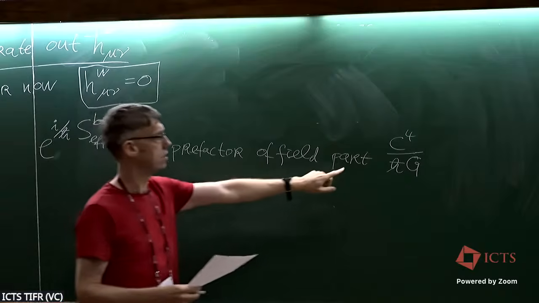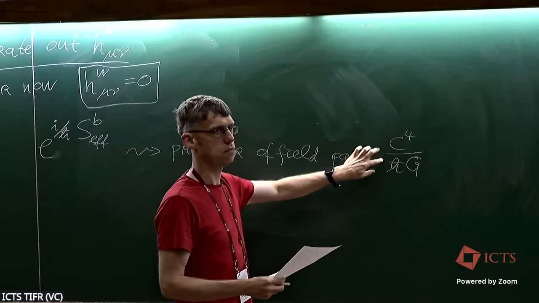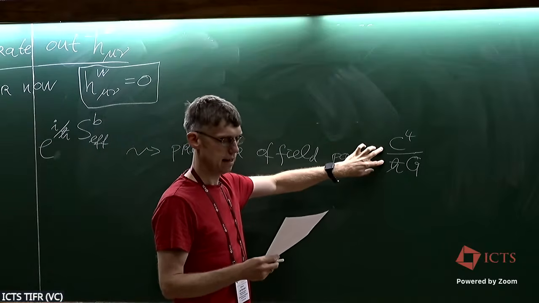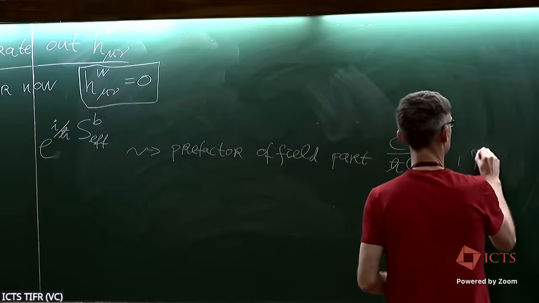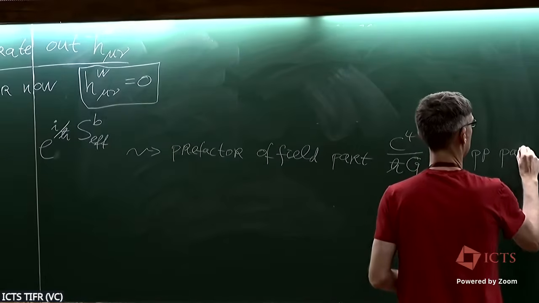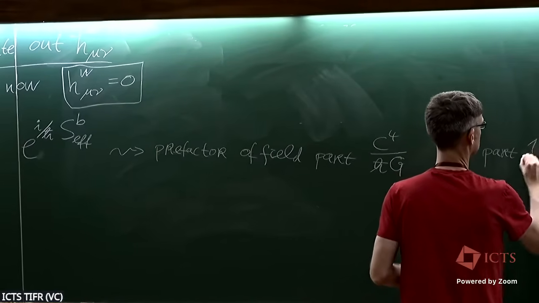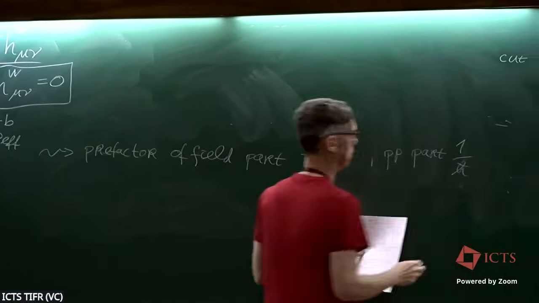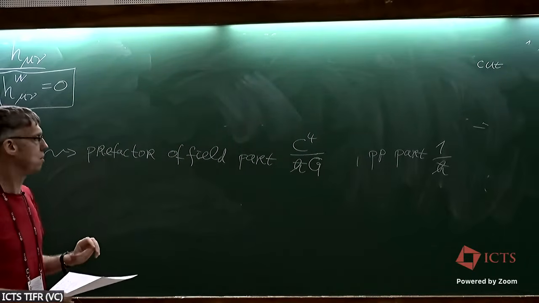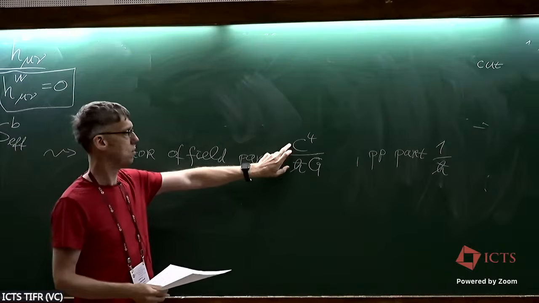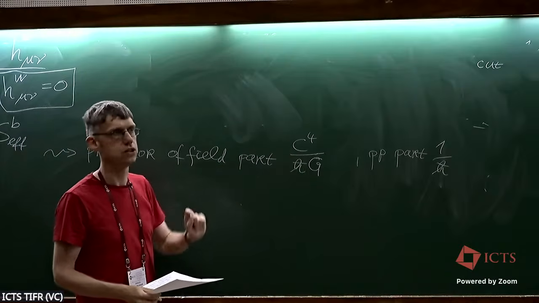And the Einstein-Hilbert action itself has this kind of prefactor, right? And the point particle just has a 1 over h bar. I mean, there's the mass, but that's not so important at this point. I more want to look at the factors in c and G at this point.